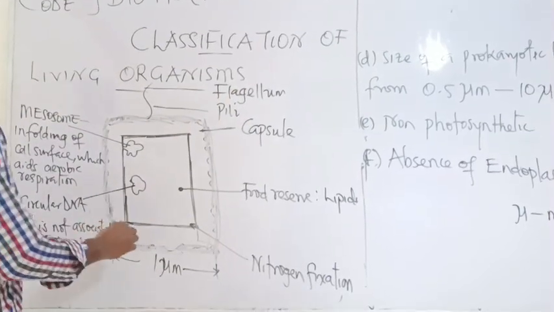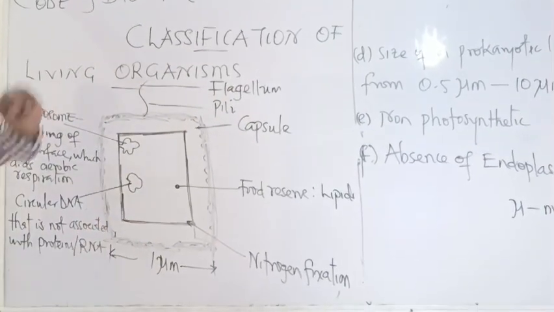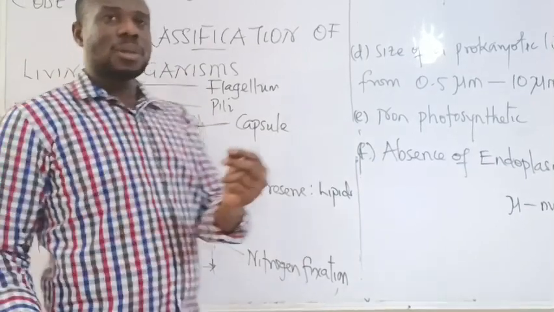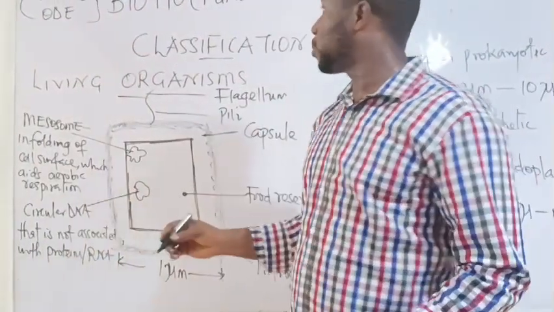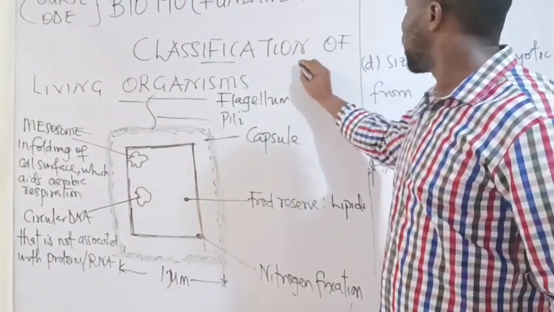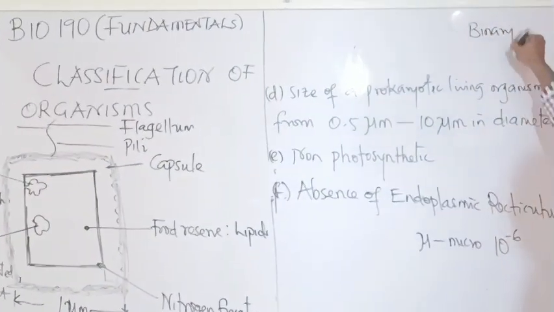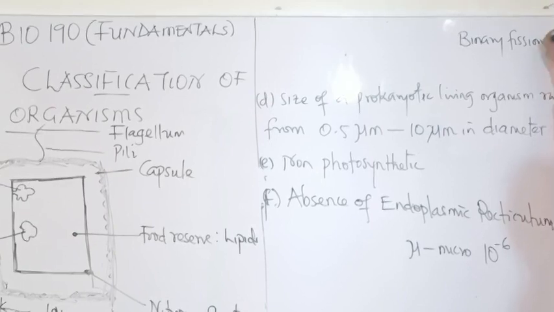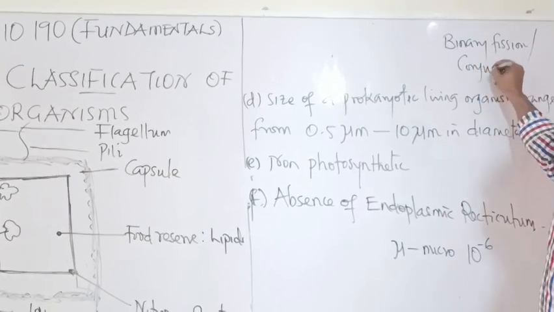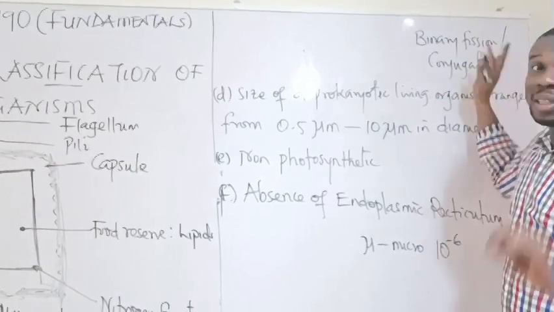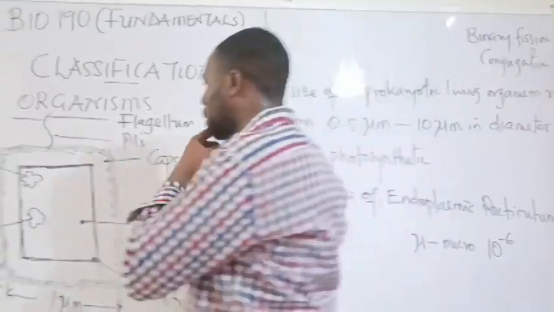And by the way, I need to say this: the cells of the prokaryotic living organism divide by either binary fission or conjugation. This is how the cells divide.